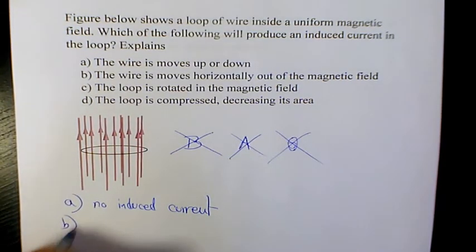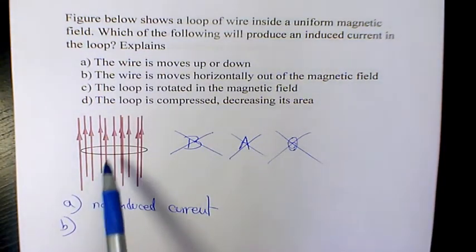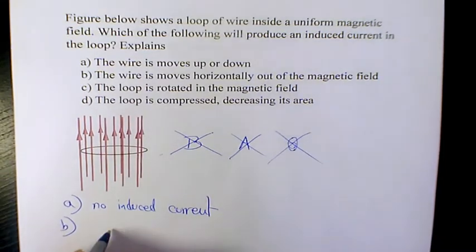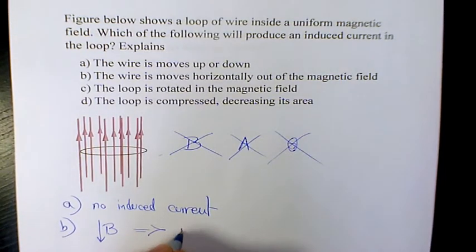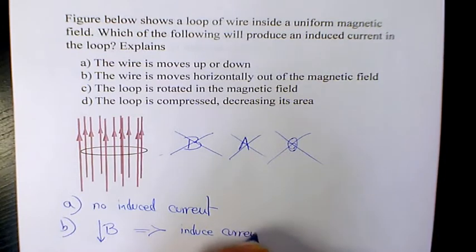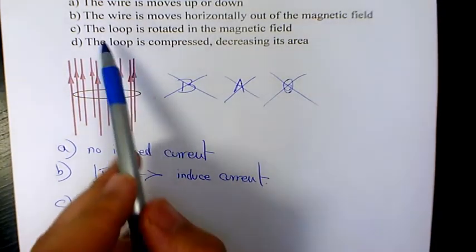In part B, it says it moves horizontally out of the magnetic field. When it is going outside the magnetic field, the flux drops. So it's going to induce current. Part C, it says the loop is rotated.